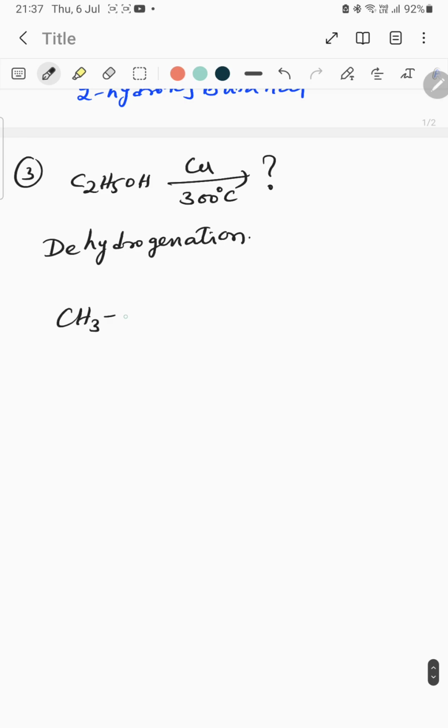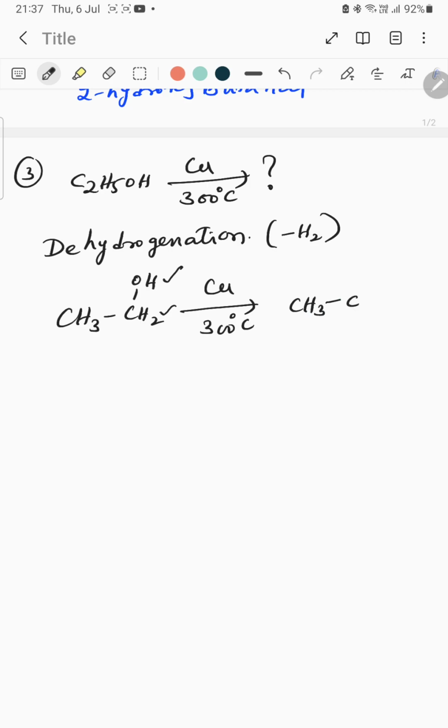Ethyl alcohol CH3CH2OH is passed through copper metal at 300 degrees centigrade. Dehydrogenation means removal of the H2. One hydrogen from the oxygen, second hydrogen from the oxygen attached carbon. In between the oxygen and carbon, double bond will be formed to get CH3CHO.